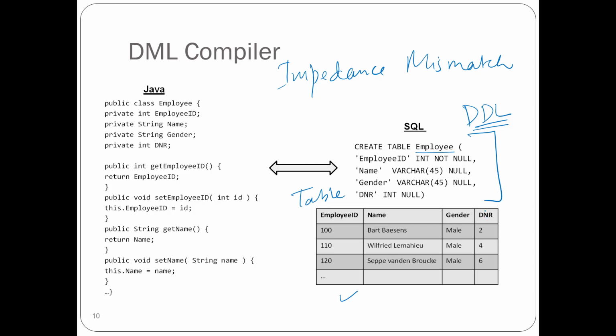Now, in the relational DBMS, the data would be stored in a tabular format, with rows and columns.